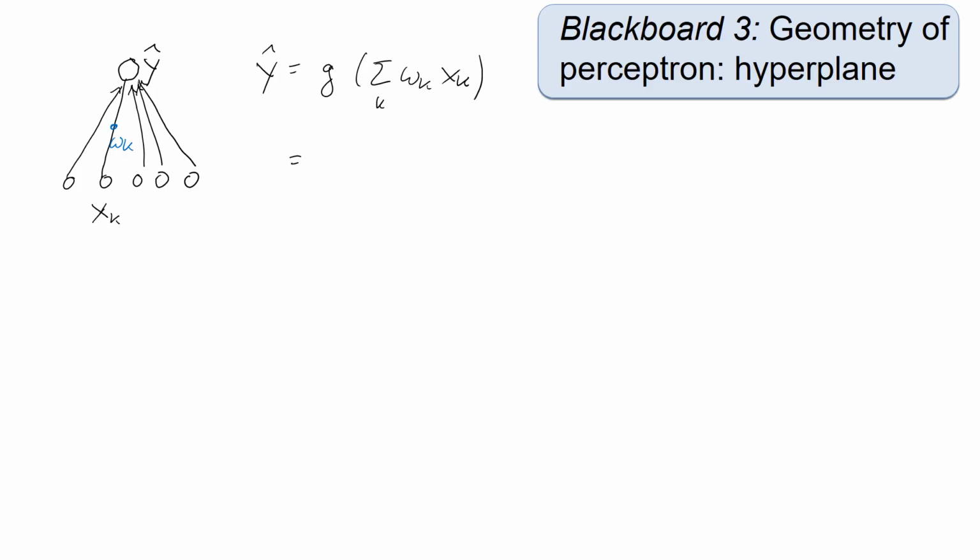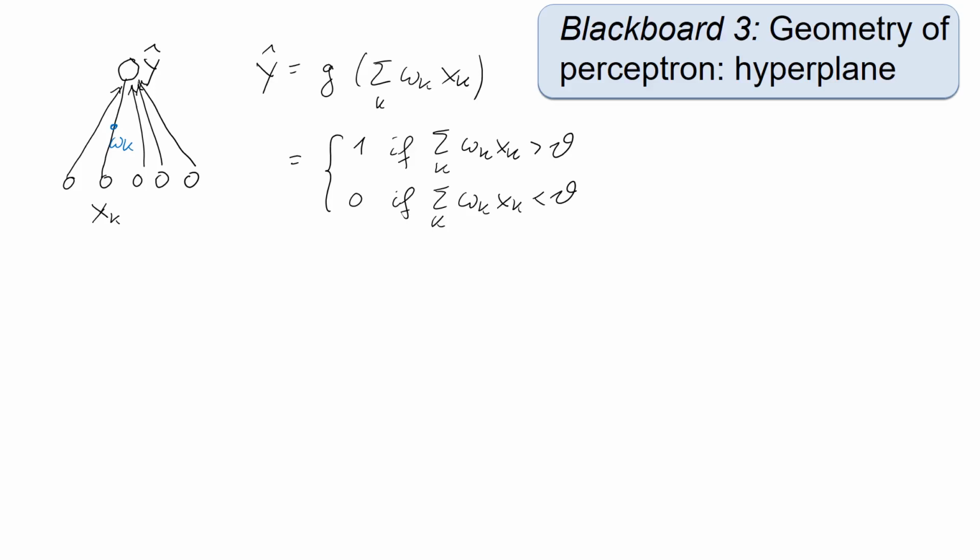And then we said we use a threshold here so that the output is 1 if this sum, wk, xk, is larger than theta, and the output is 0 if this sum, wk, xk, is smaller than theta.